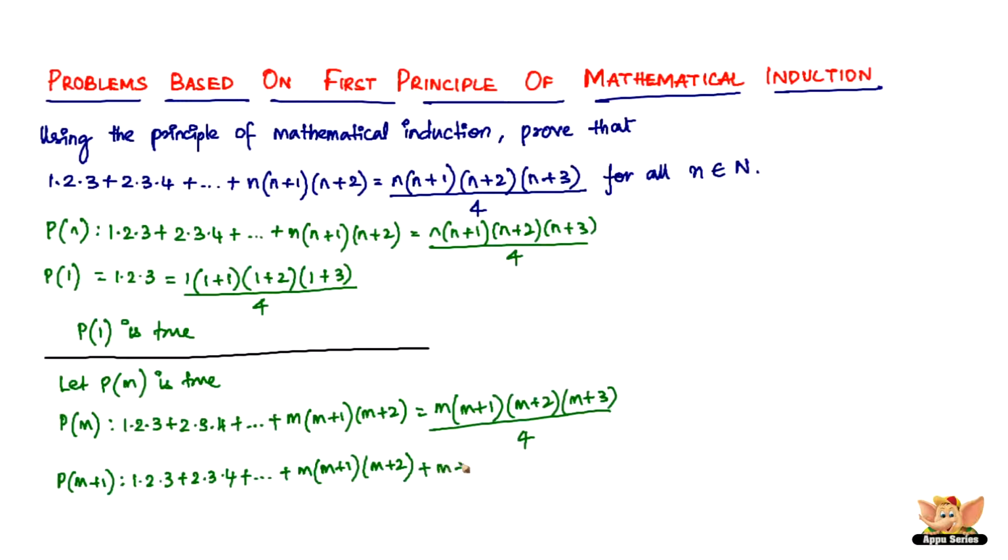So it'll be (m plus 1) times (m plus 1 plus 1), which is m plus 2, times (m plus 1 plus 2), which is m plus 3. That should be equal to (m plus 1) times (m plus 2) times (m plus 3) times (m plus 4), the whole divided by 4. Here m becomes m plus 1, m plus 1 becomes m plus 2, m plus 2 becomes m plus 3, and m plus 3 becomes m plus 4.